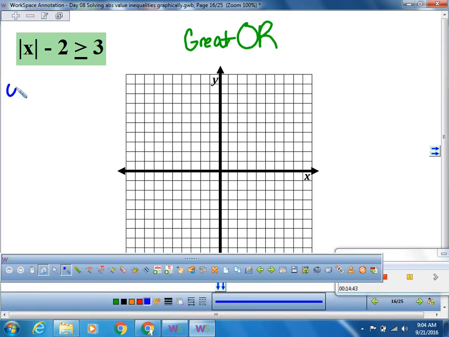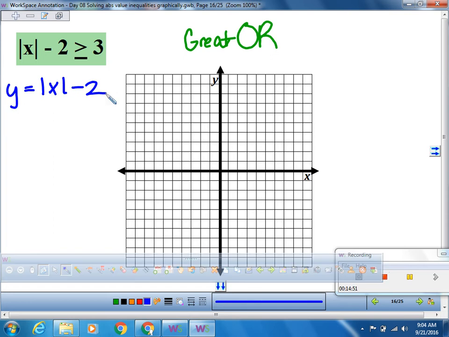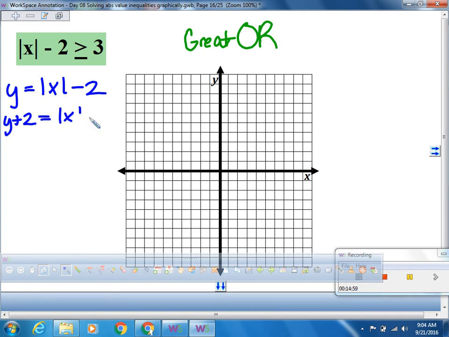I have y equals absolute value of x minus 2. This negative 2 belongs to x? No, it belongs to y. So I'm going to put it with y. That's transformational form. And actually, if we wanted to, we could put minus 0. There is no transformation on the x-axis.